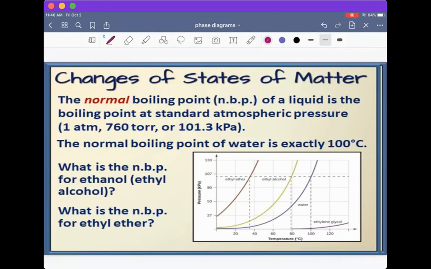We've also have graphs, and we see these graphs a lot in chemistry. And they can tell us a lot. So this graph here is a plot of pressure measured in kPa versus temperature in degrees Celsius. And we have four substances plotted here: ethyl ether, ethyl alcohol, water, and ethylene glycol.